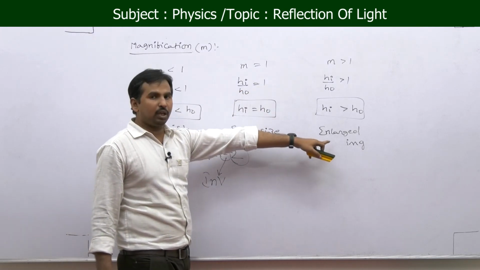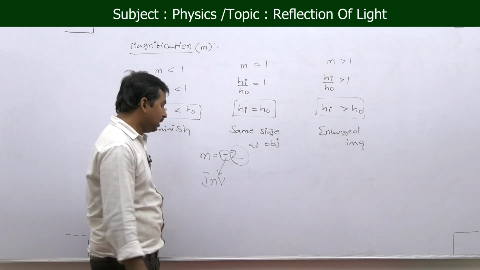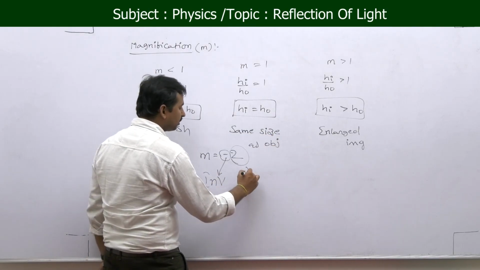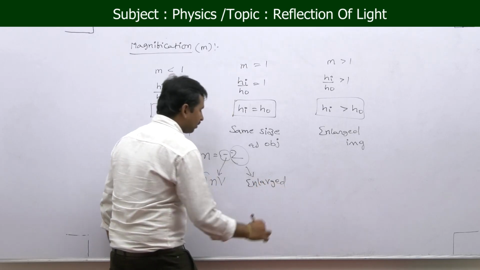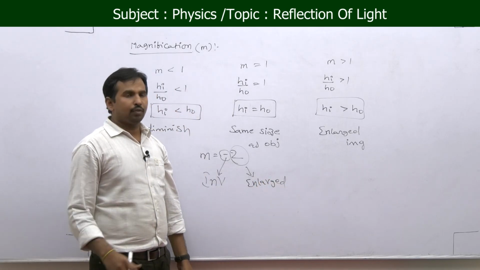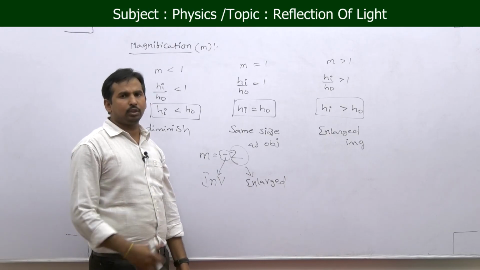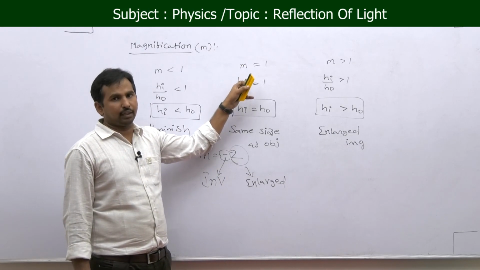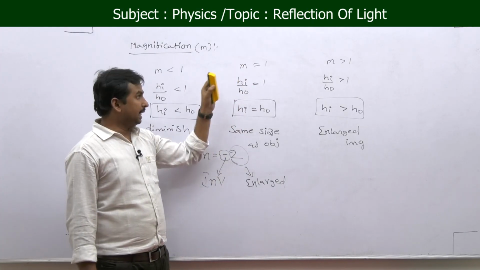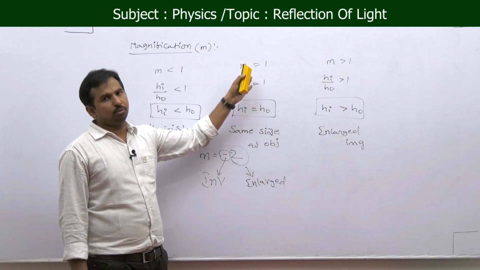So that is an enlarged image, which means we are getting an inverted and enlarged image here. Now you have understood how to take the cases of magnification, where m is greater than 1, less than 1, or equal to 1.